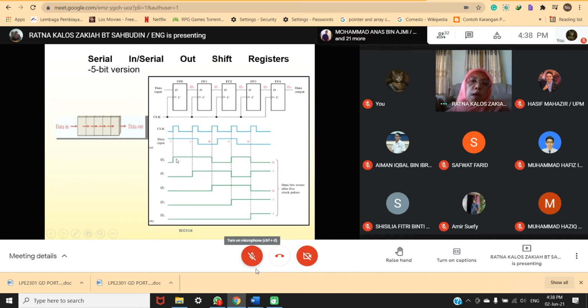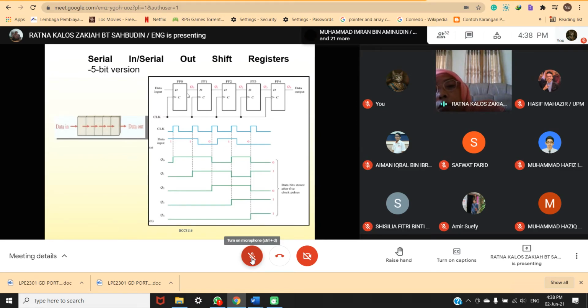So what happened at Q0? You see here, Q0 positive edge. So you have positive until the next clock here, still positive here. This is a D flip-flop. Remember D flip-flop, Q is equal to D, right?